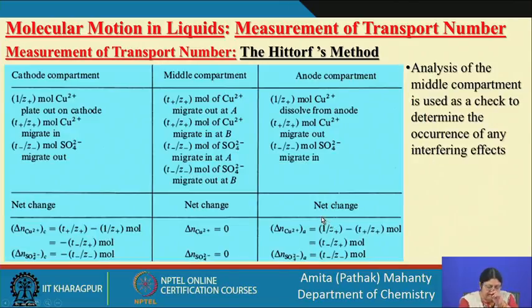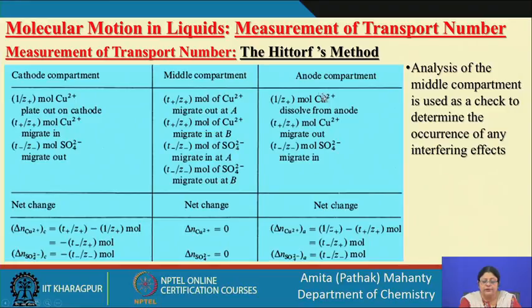So, you can write down this as moles of the cations migrated out at A and moles of copper 2 migrated in at B. Okay. So, the sulphate ions are going to be migrating from A to B, and the anions are going to be migrating out of the B.